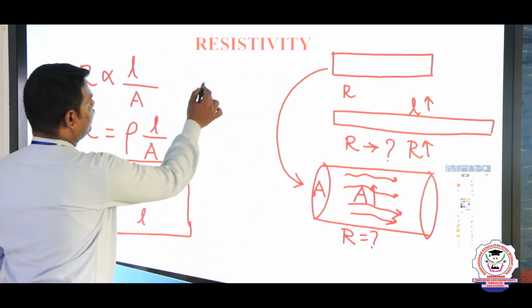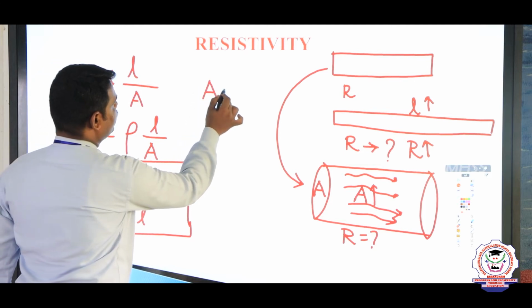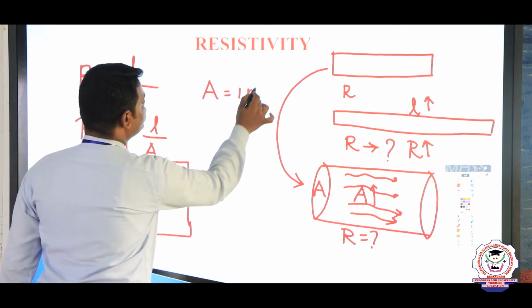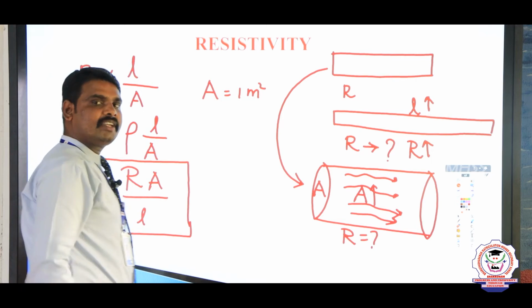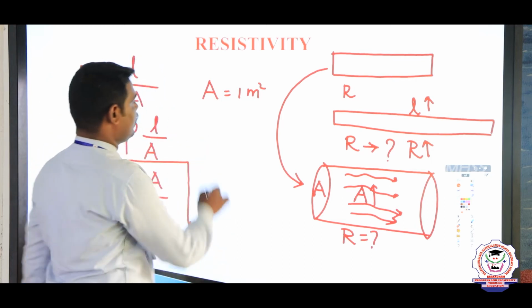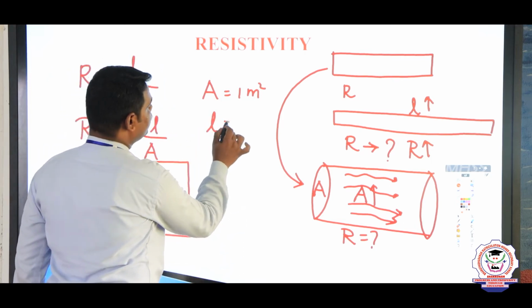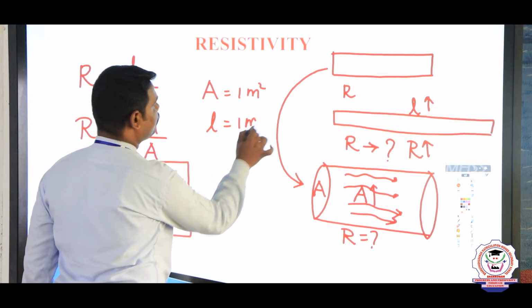If I take the area of cross section as 1 meter square, which means 1 unit of area of cross section, and the length L as 1 meter, right?